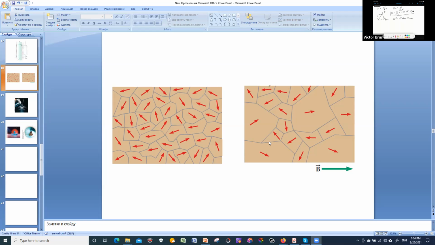What is interesting, if we eliminate the external magnetic field, this induced magnetization of the ferromagnetic material may remain for quite a long time. So this permanent magnetization is quite an important feature because we can make, for instance, some iron or nickel-based alloys.